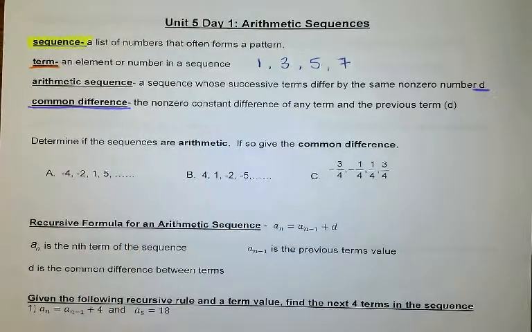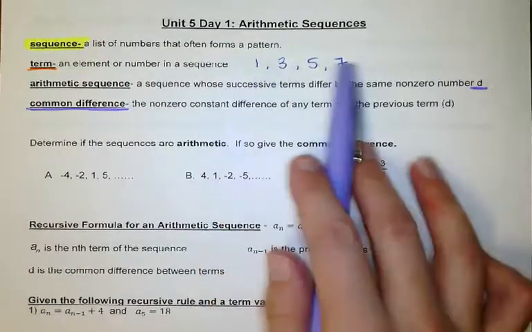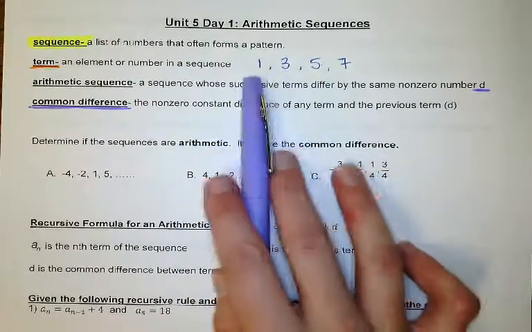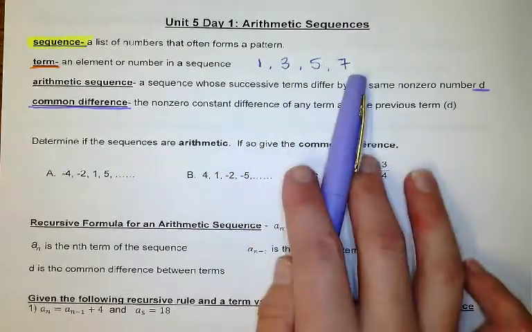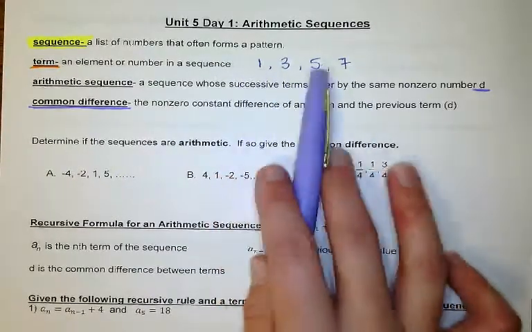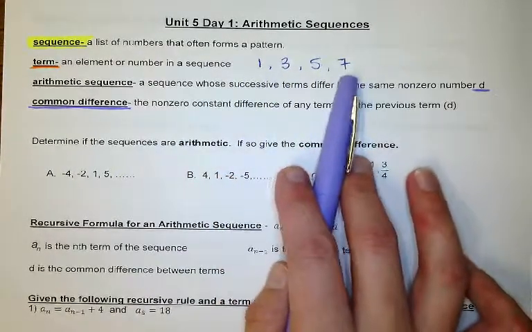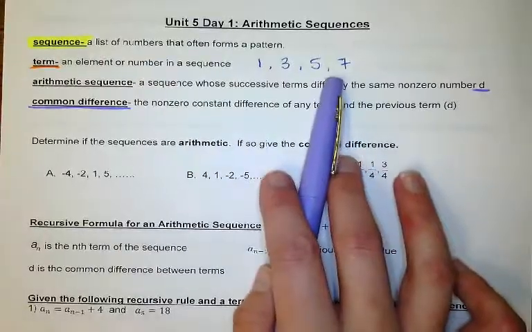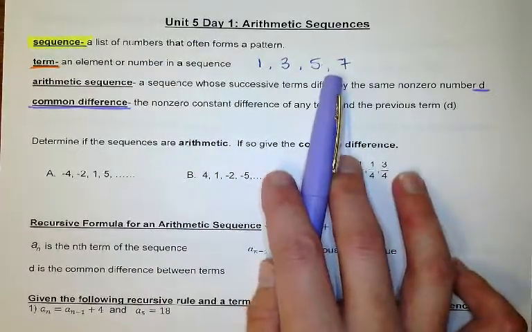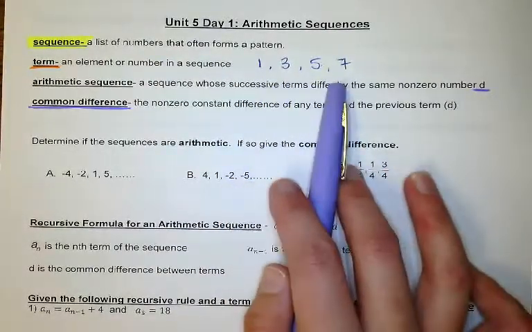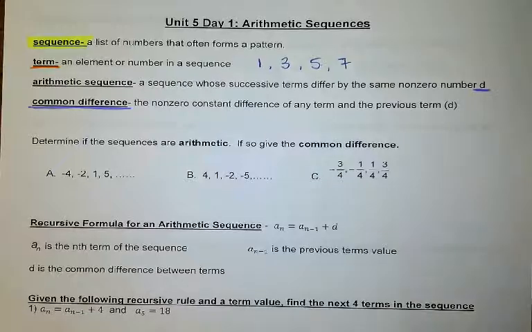So this is a non-zero constant difference of any term and the previous term. So if we go back up to the sequence that I wrote here, guys, what's the common difference between all these numbers? 2. I'm adding 2 each time. Do y'all feel comfortable with that? So this right here would be an arithmetic sequence because I'm adding the same number every time. Okay?